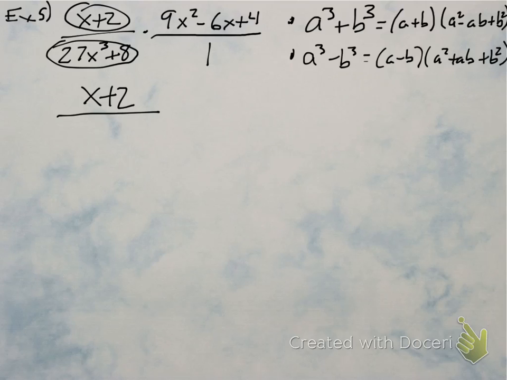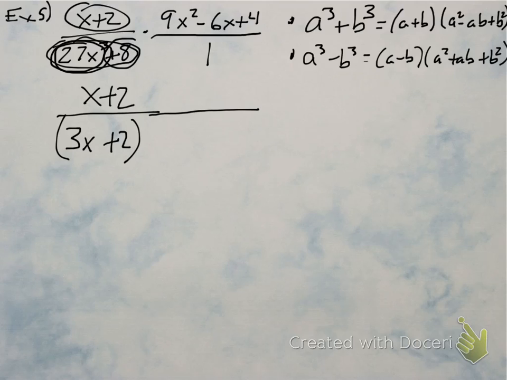So now, the way you do this, guys, is you have to ask yourself, what's being cubed to give you the 27x cubed? Well, a 3 is being cubed to give you 27, and an x is being cubed to give you x cubed. What's being cubed to give you the 8? A 2. So your first binomial should be 3x plus 2.